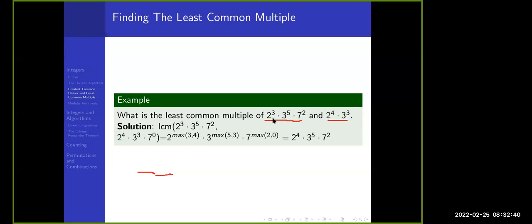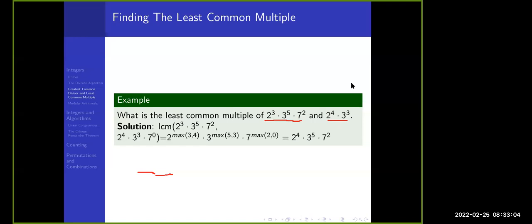Again, we observe that there's this factor 7. 7 appears here, but it does not appear on this side. You can hear me?